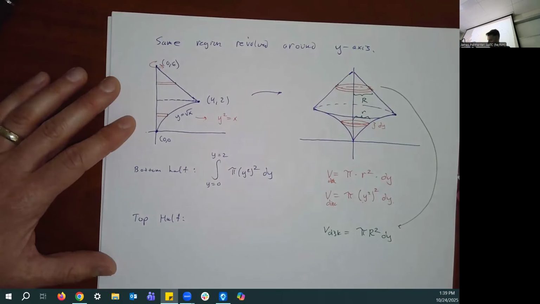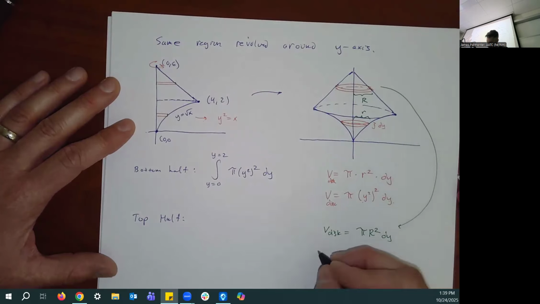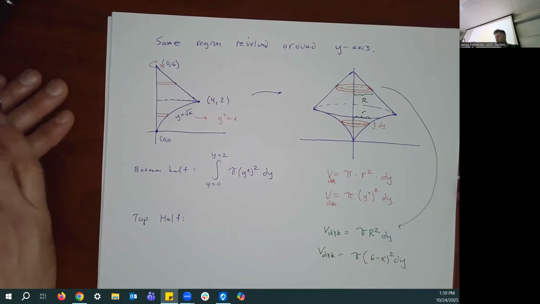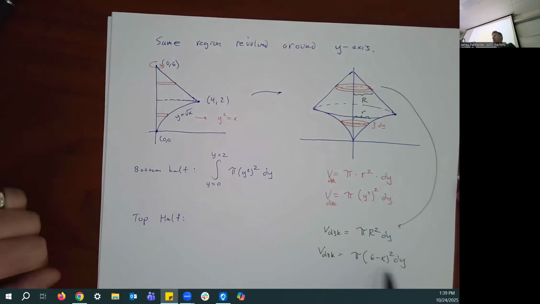If I was going to make a mistake, it would be to say that the volume of this disk is pi times 6 minus x squared dy. I know that's a mistake because my x and my y don't match.